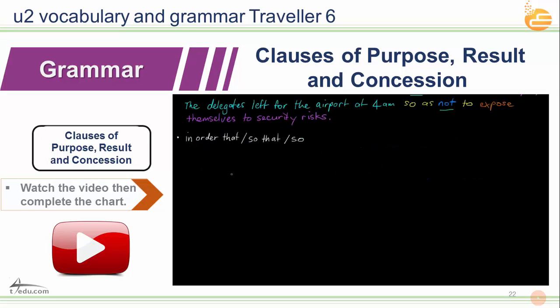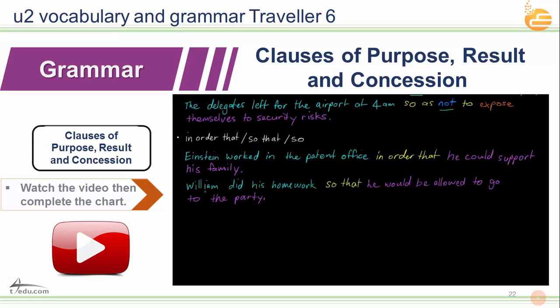There are a few other conjunctions here: so that, in order that, and so. Einstein worked in the patent office in order that he could support his family. So here we're seeing the purpose of working in the patent office was so that he could support his family.